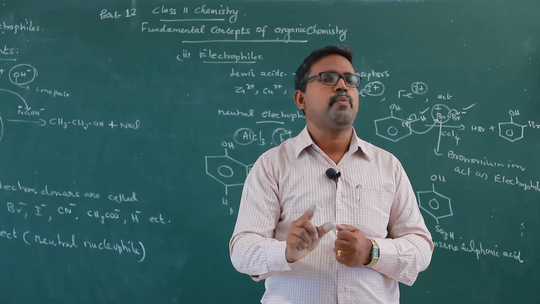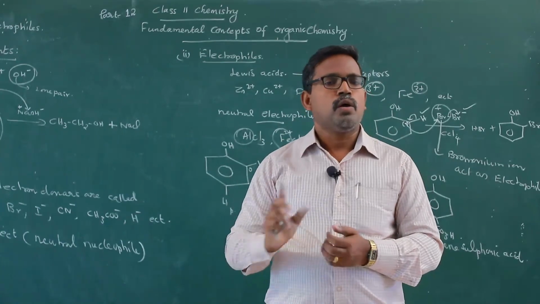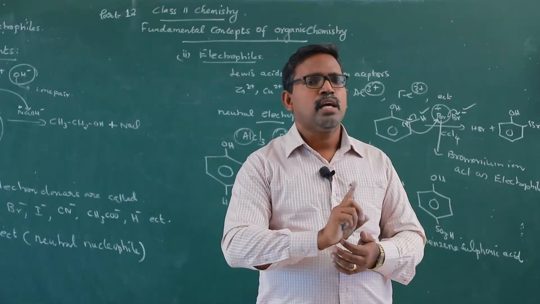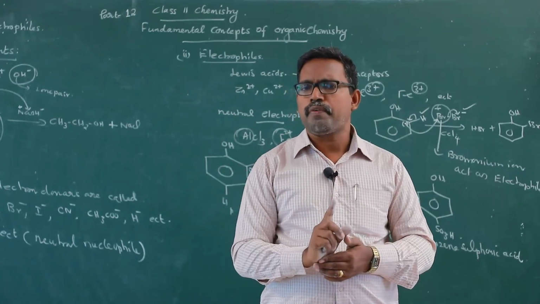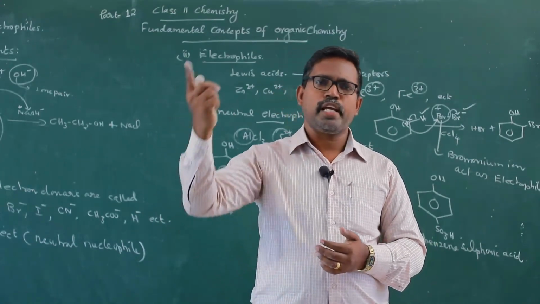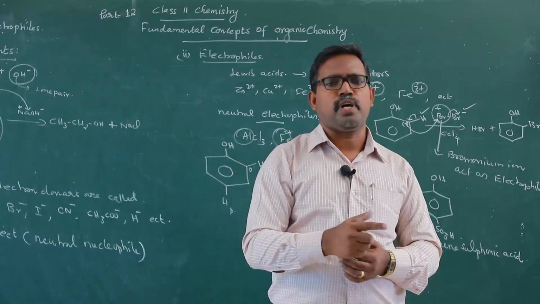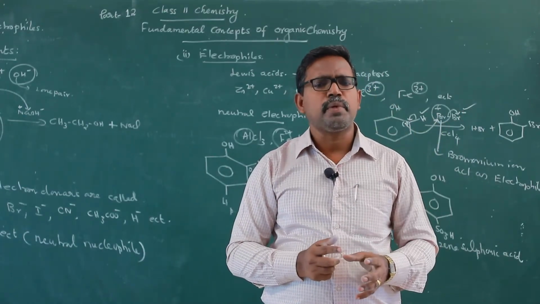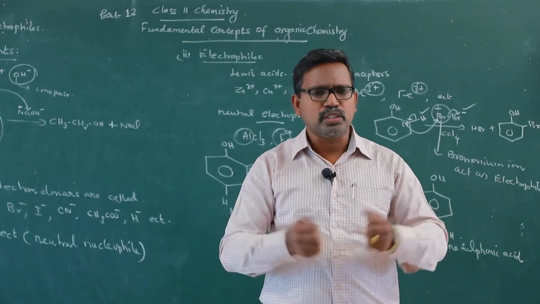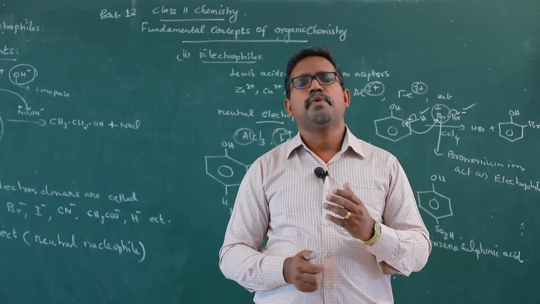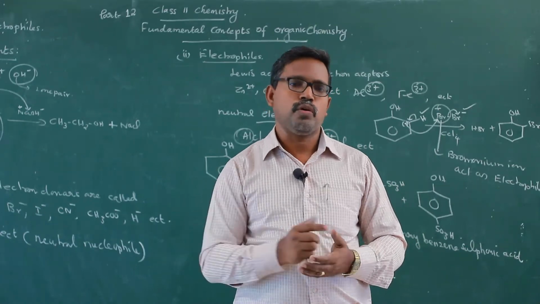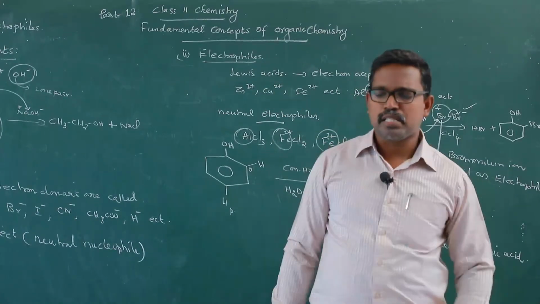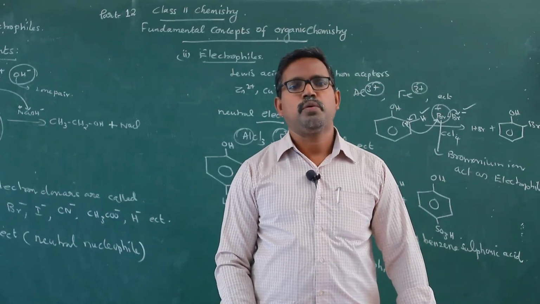This is a specific point about the electrophile. A nucleophile must have a lone pair of electrons. These electrons are donated to electrophiles. The electrophile must have a vacant orbital in its valence shell to receive the electron from the nucleophile.